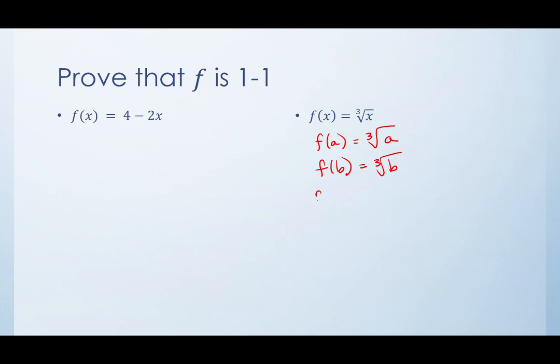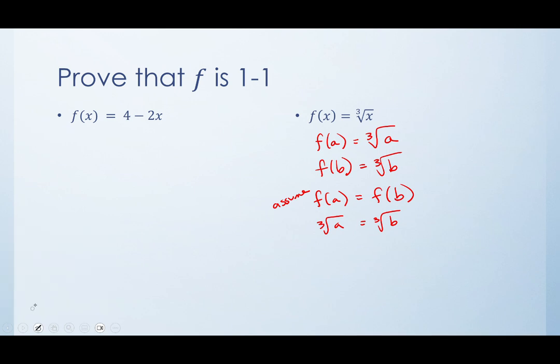Now, we're going to assume f of a equals f of b, so that would mean cube root of a is equal to cube root of b. And we need to get rid of the cube roots here. So we're going to do that by cubing both sides.